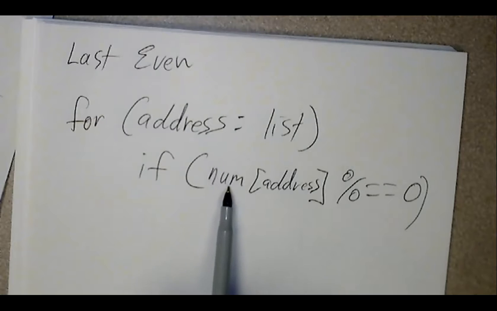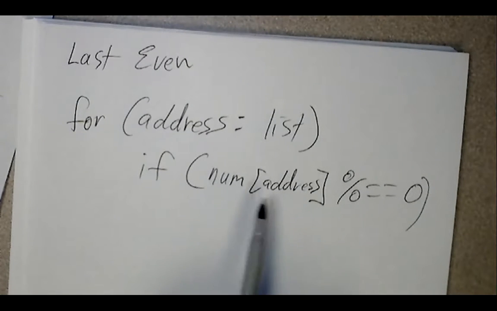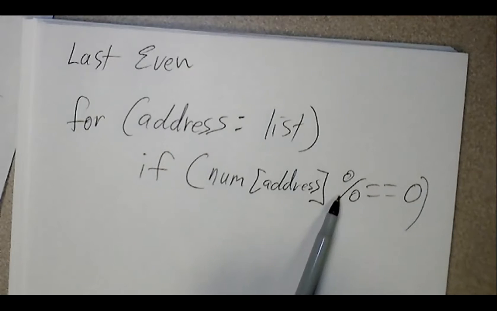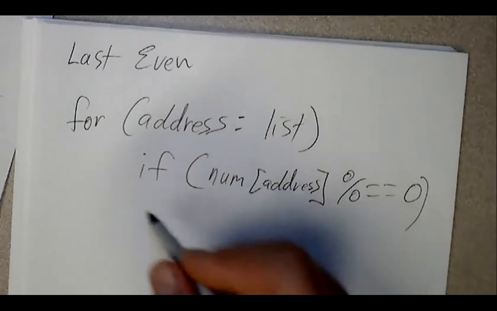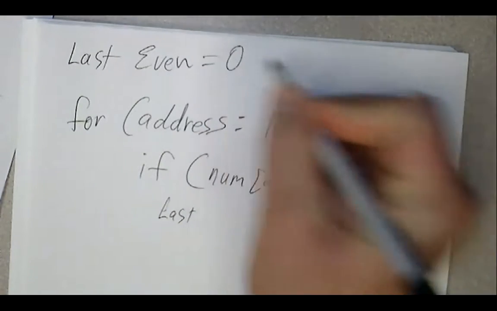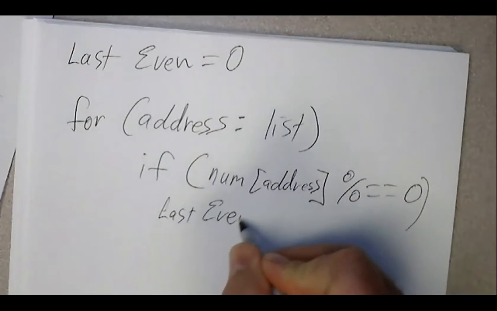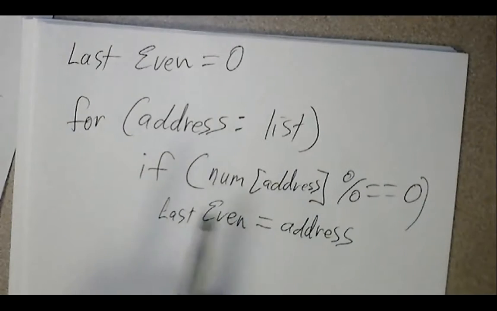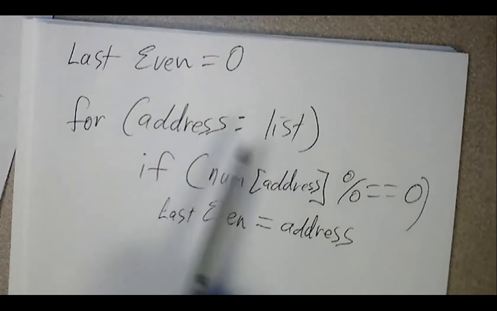Basically what this means is, we're probably going to have this in some sort of list. Maybe it's an array, and that array has addresses. So we go to the individual address, take that number, divide it by 2, and check the remainder. If the remainder is 0, then this will assign our last even to that address and just keep going.